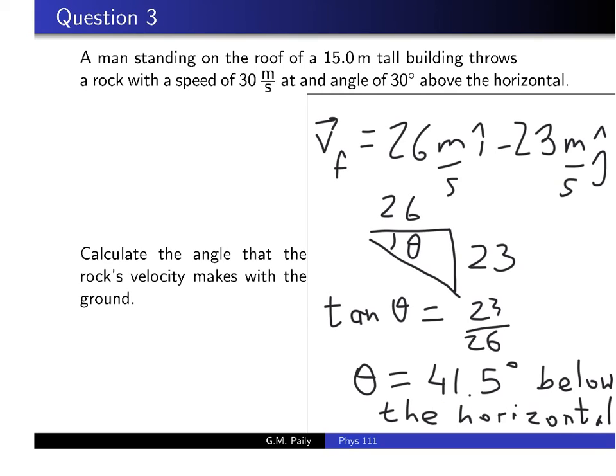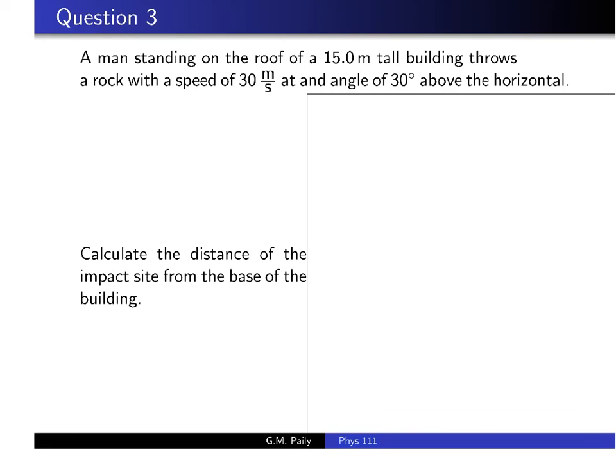Finally, we are asked to calculate the distance of the impact site from the base of the building, in other words, the horizontal range. We know that the range will be the horizontal velocity times the time of flight. We know what the horizontal velocity is, so we simply need to find the time of flight.